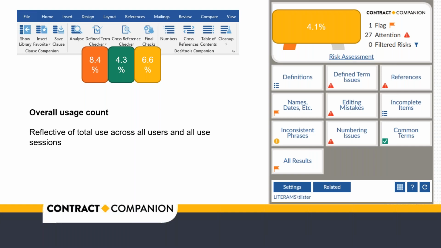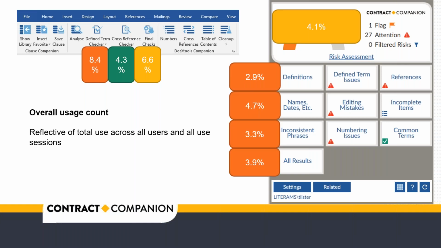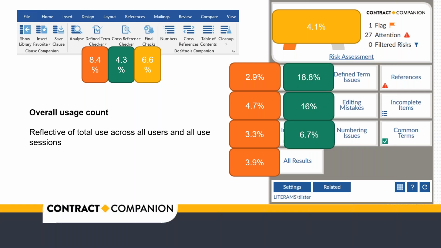Then we have the risk assessment up here. So that gets 4.1% of the use. Definitions themselves, 2.9, and so on and so on. So you can see here a relatively low proportion of the total for these features, less than 5%. However, defined term issues and editing mistakes really gets a lot of the bulk of this information.